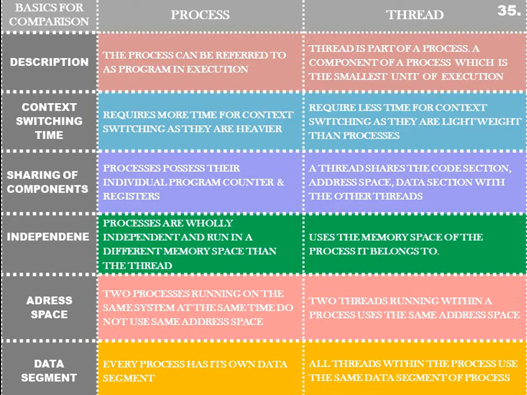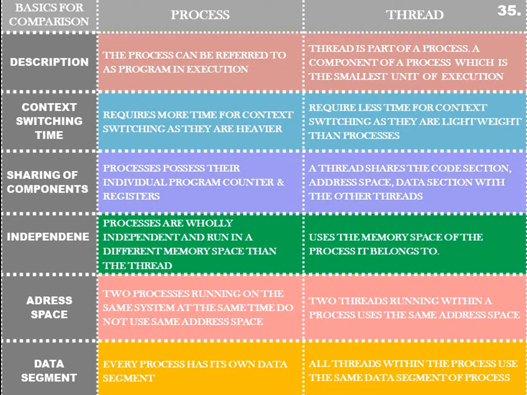One thread shares its code section, data section, address space, as well as its memory space with other threads. Likewise, two processes running on the same system at the same time do not use the same address space. Very simple, because as already said, processes do not share anything of their own with other processes, while threads share each and everything of their own with other threads.